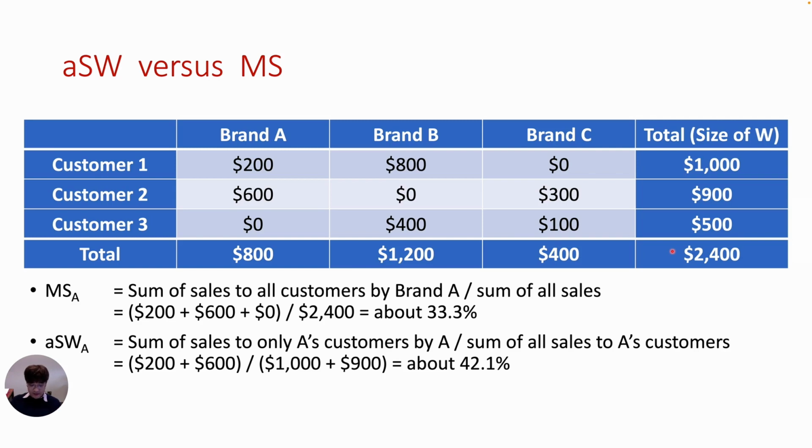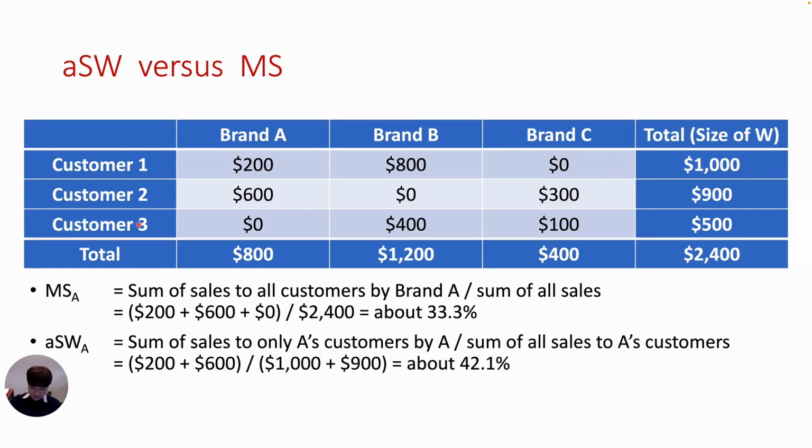Market share of brand A is given by the sum of sales to all customers by brand A divided by the sum of all sales in this market, which equals the sum of 200, 600, and 0 divided by the total sales, $2,400. This is about 33.3%.